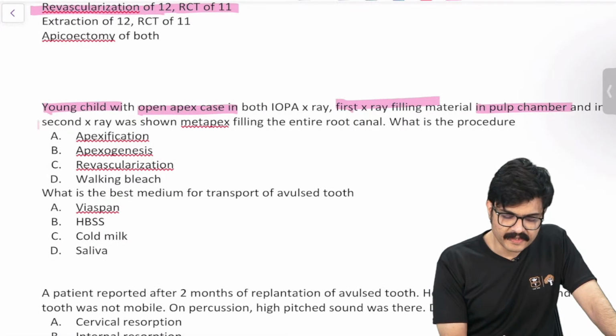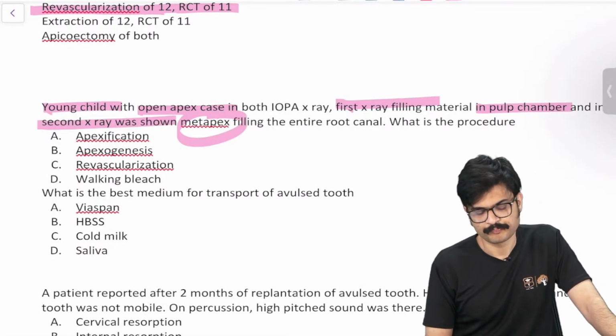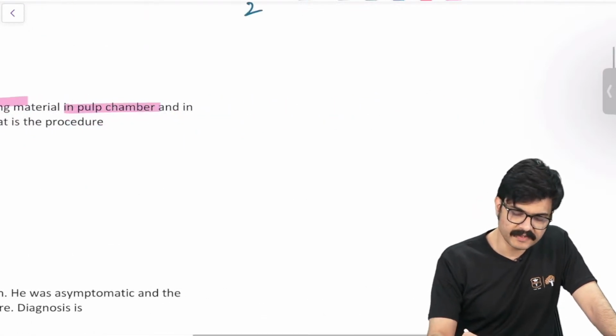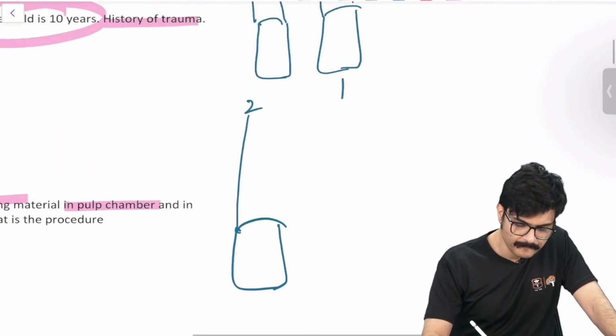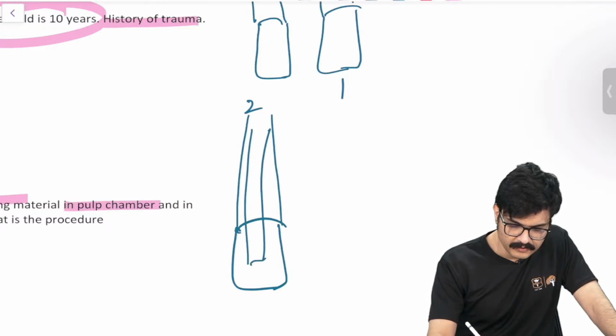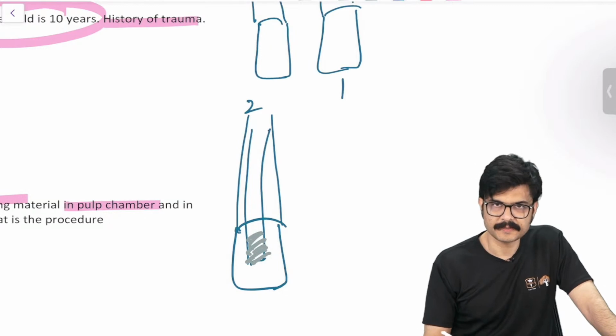And in the second X-ray, the examiner clearly mentions that he's using Metapex to fill the entire root canal. So the first X-ray shows an open apex case, with a temporary filling in the pulp chamber.